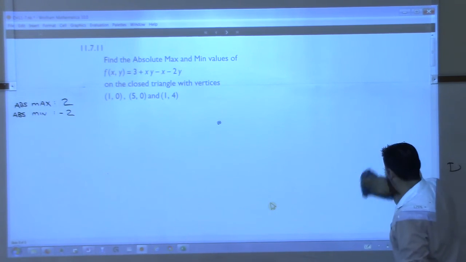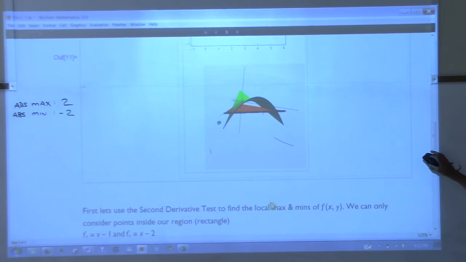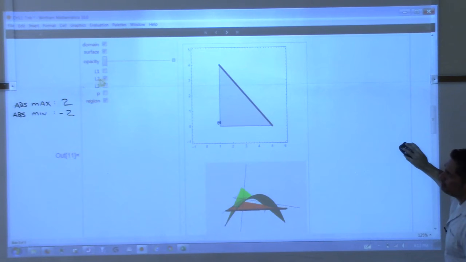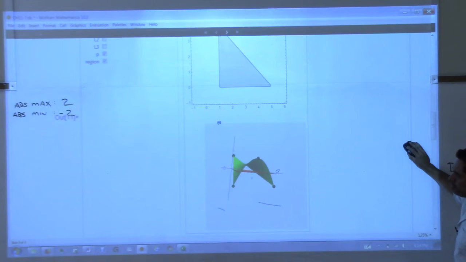Now I'm going to bring up the picture so we can see it. The region I want, here are my points. You can see here that our absolute minimum was -2, and it happens at these 2 points.